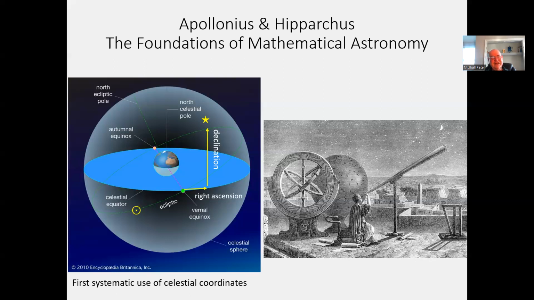I have a timeline coming in a minute. We can check that. So we're going to talk about the contributions of these two men, most importantly, Hipparchus. If Hipparchus is not a name that you know, then I'm very happy to introduce to you one of the most important astronomers in the history of astronomy. He is up there with all the greats, which I'll show you at the end of the presentation.